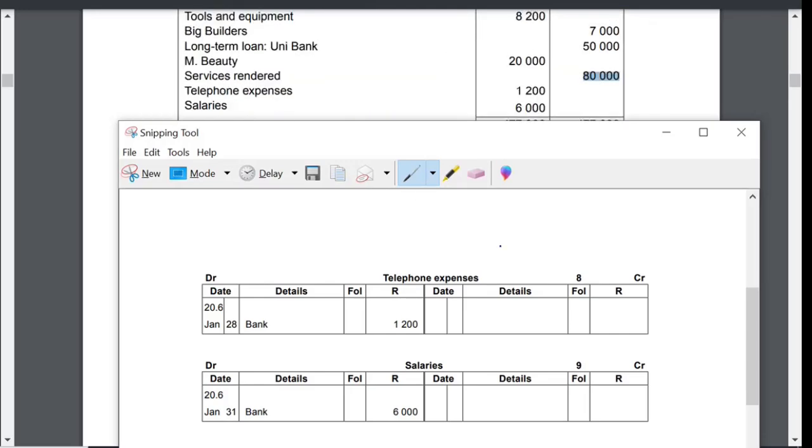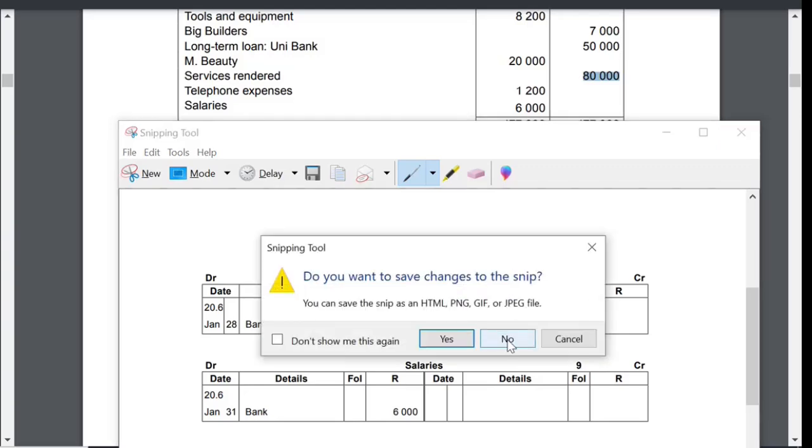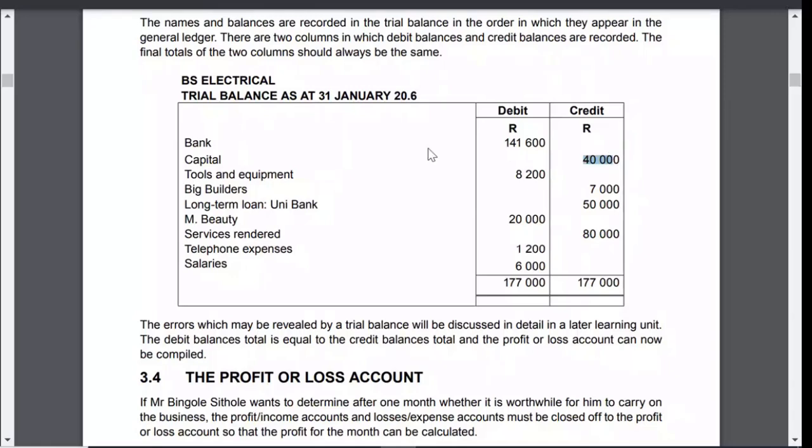And then salaries has been debited with 6,000, and on the trial balance it is also debited with 6,000. When you add this up, remember what I said: your trial balance must always balance.